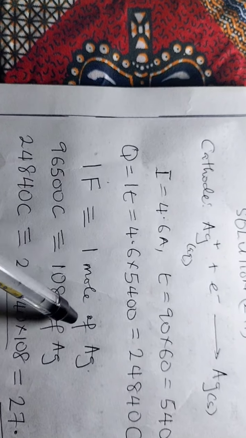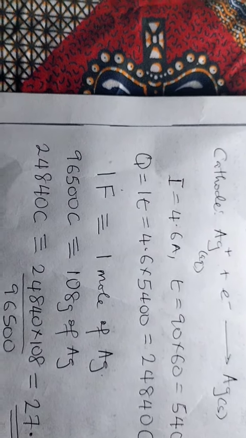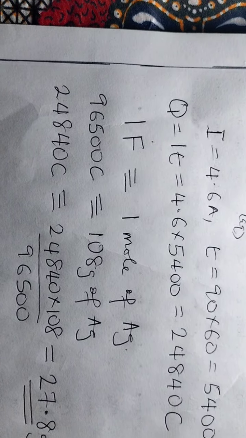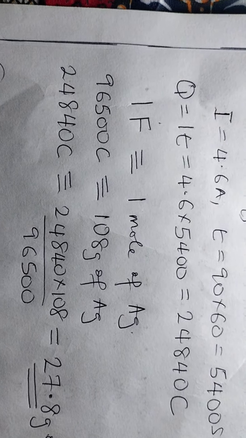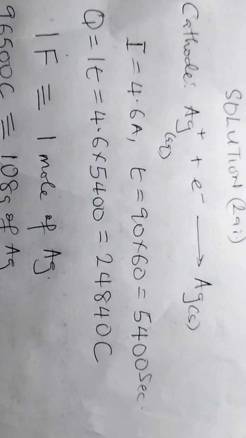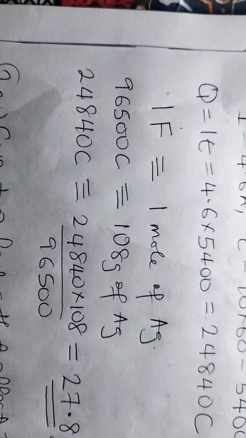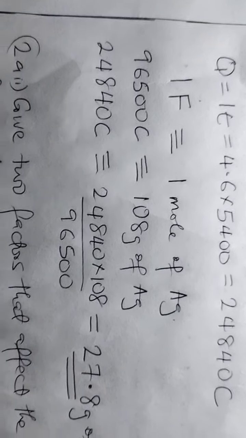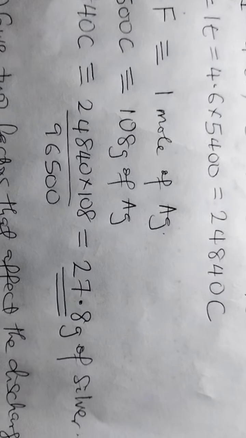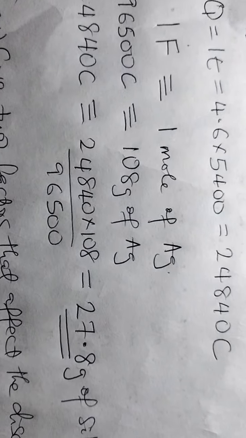Converting to coulombs, 96,500 coulombs gives us 108 grams of silver. Therefore, 24,840 coulombs, the quantity passed through the cell, will give us 24,840 times 108 all over 96,500 by proportion. We now have 27.8 grams of silver deposited, to three significant figures.